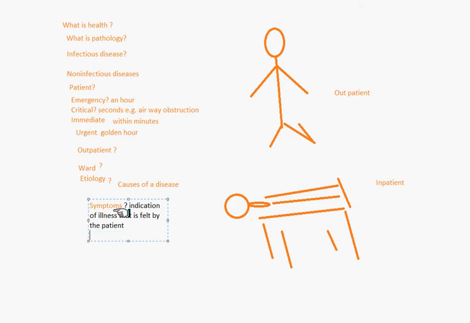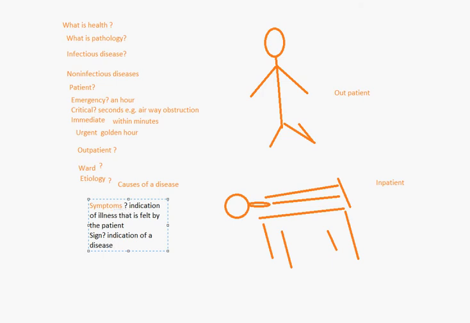But let's go down and see what is sign. Sign is the indication of a disease, but it's not felt by a patient. Who finds it? It's found out by the doctor. So it's a sign.